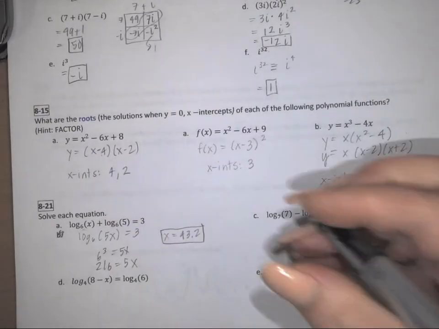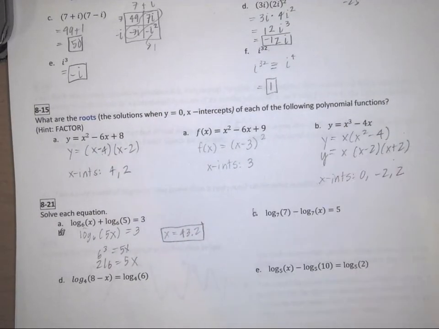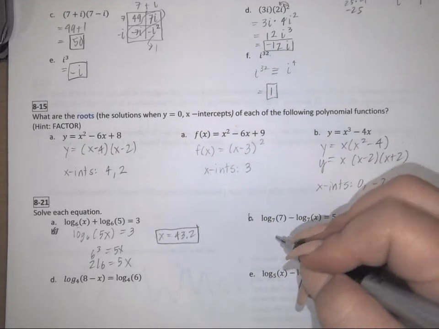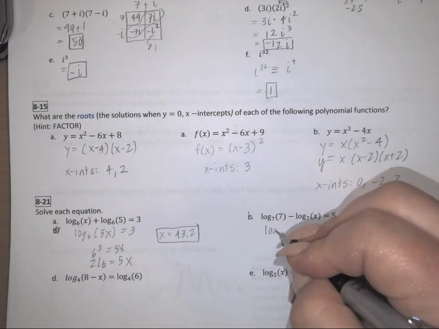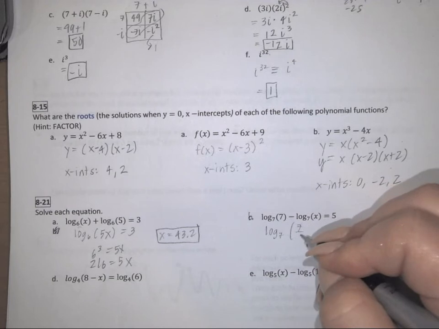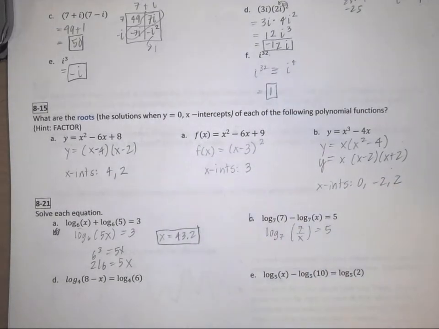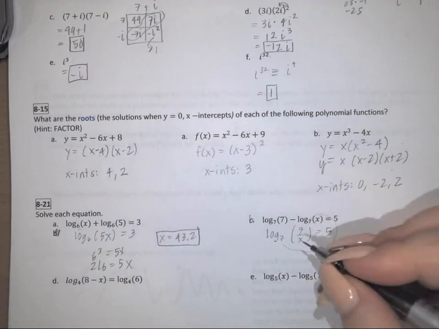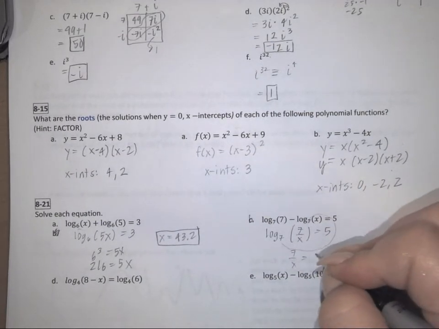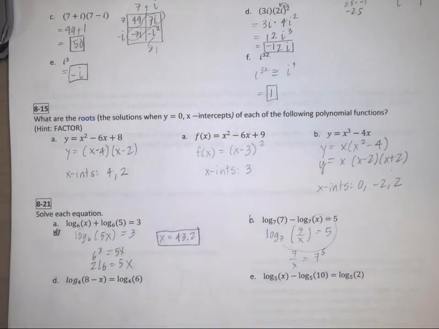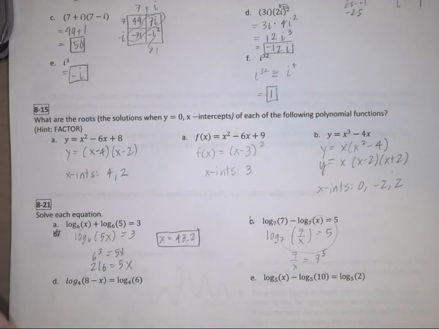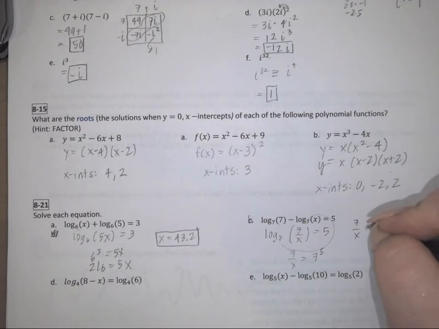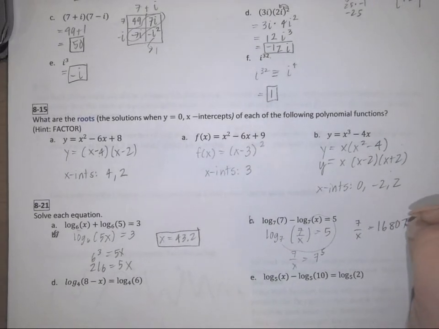Okay, so for B, that's log base 7. So then you use your property of log, so that's 7 divided by x equals 5. Then you do your snail, so 7 over x equals 7 to the 5th power, which, geez, is a ginormous number. So 7 over x equals 16,807.